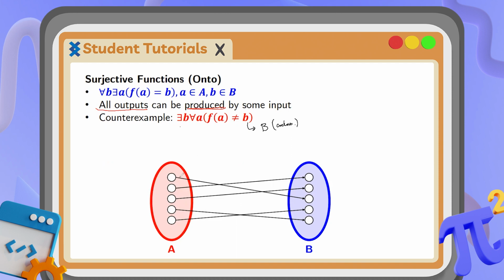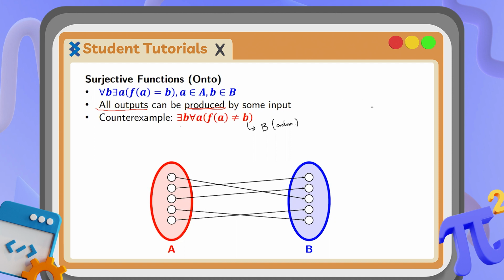So let's look at this example here. For every element in the domain, they map to some output in the codomain.